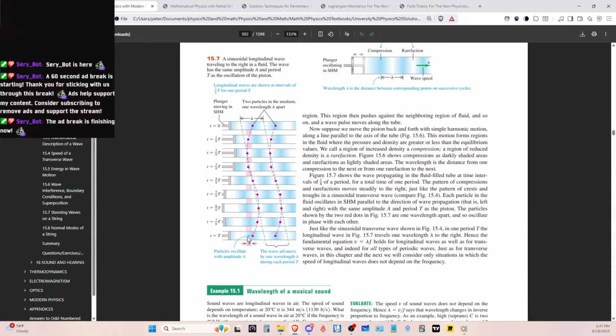This is the amplitude right here. When the piston pushes in and then out, the wave advances by one wavelength during each period. The particle oscillates with the amplitude A.